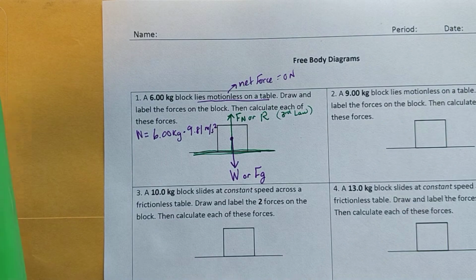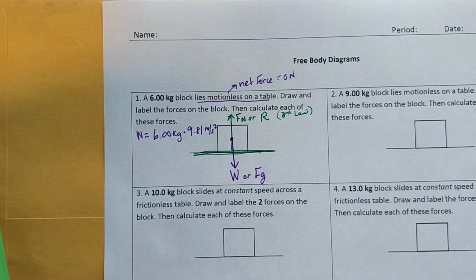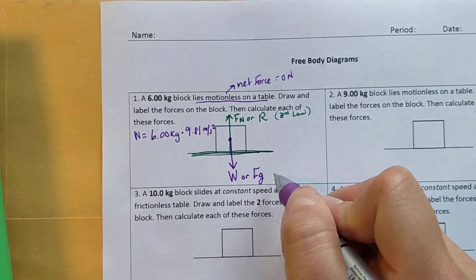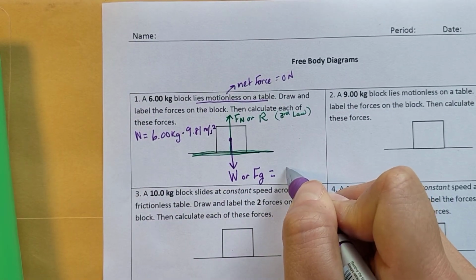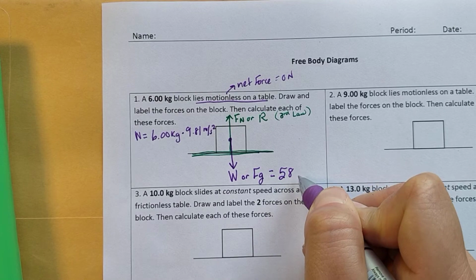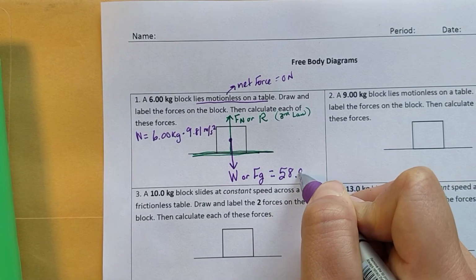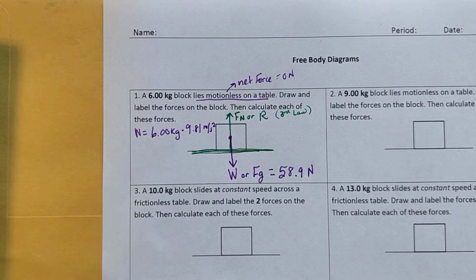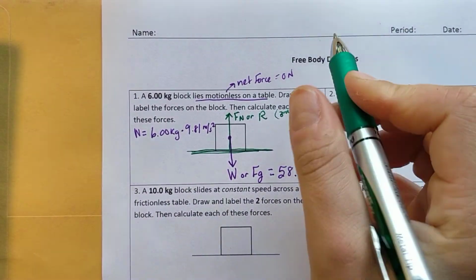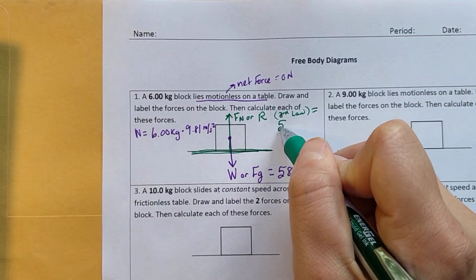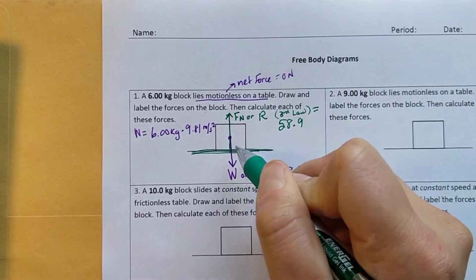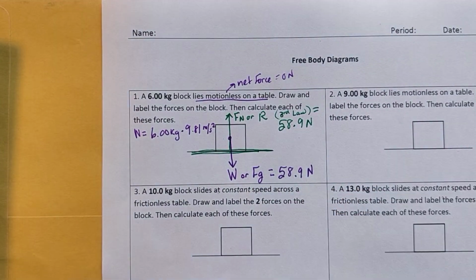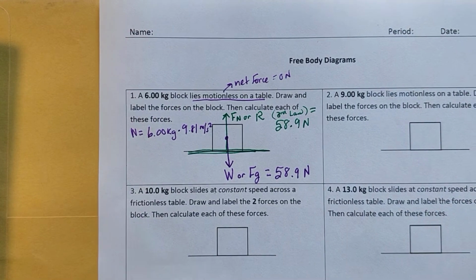So the weight is 6 kilograms times 9.81, which is 58.86, and I'll round this to 58.9 newtons. Equal in magnitude but opposite in direction is the normal force. It's the force that the table exerts back on the object, and that's 58.9 newtons also.